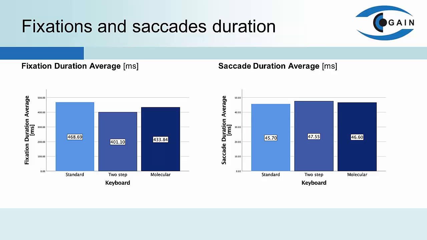However, one can note that the longest fixation duration and shortest saccade duration was obtained for the standard keyboard, while the shortest fixation duration and the longest saccade duration was obtained for the two-step keyboard. This may indicate that the latter keyboard requires the user to search longer for the right keys. In contrast, in the case of the keyboard with standard button layout, searching was faster and more efficient.